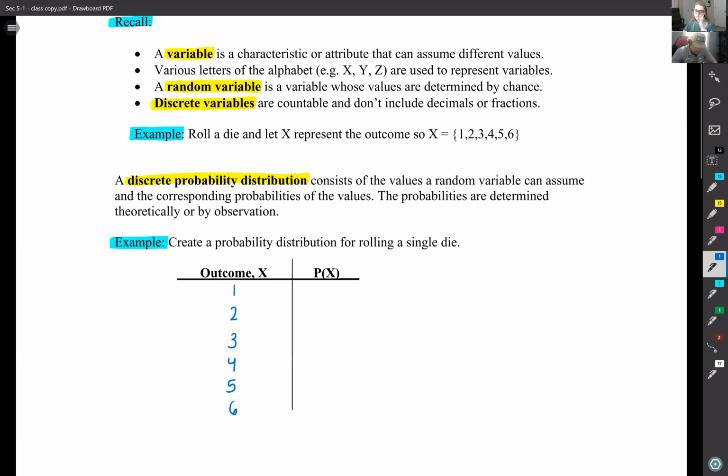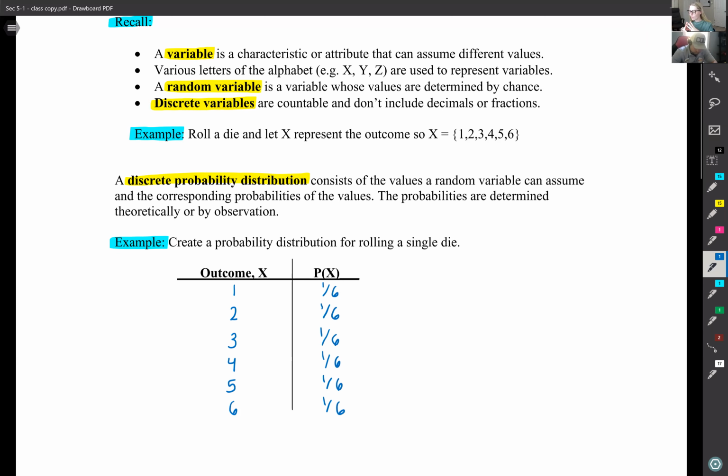So the probability of rolling a 1 is 1 over 6. I'm just going to fill that in. Probability of rolling a 2 is 1 over 6, and the same for all of them. They all have an equally likely chance of being rolled. So yeah, this is pretty familiar. We have done basically this example before.